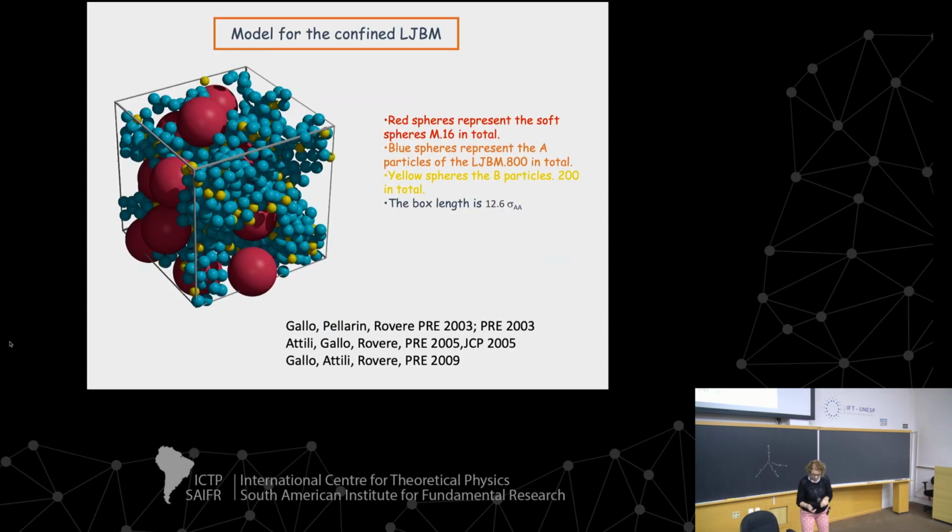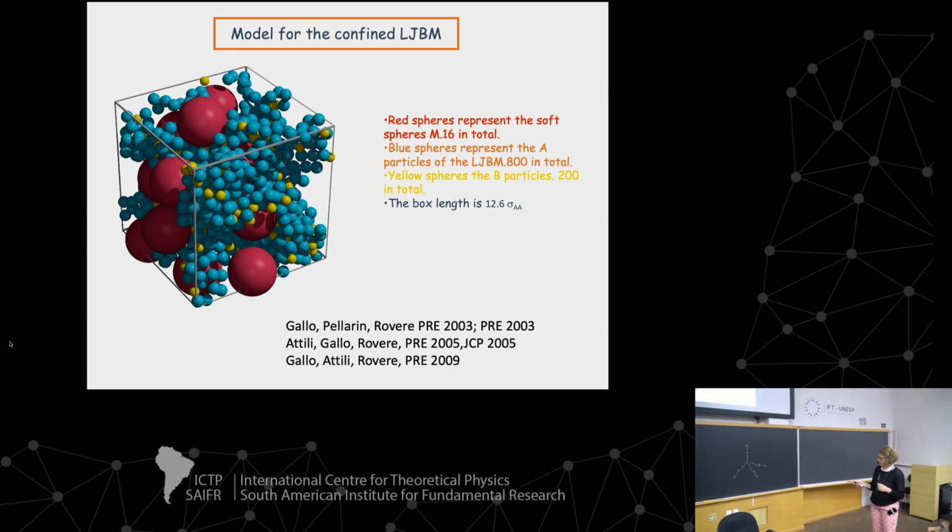So, as a model, we studied a Lennard-Jones binary mixture confined in an array of soft spheres. The red ones are soft spheres, and the yellow and the blue are the B yellow and A blue particles of the Lennard-Jones binary mixture.